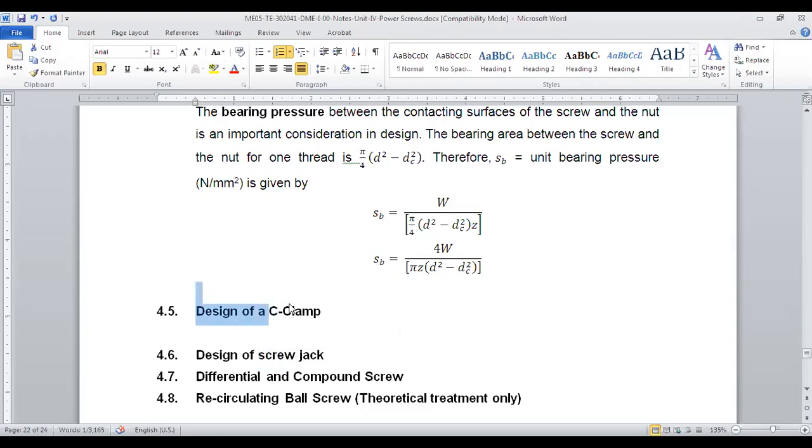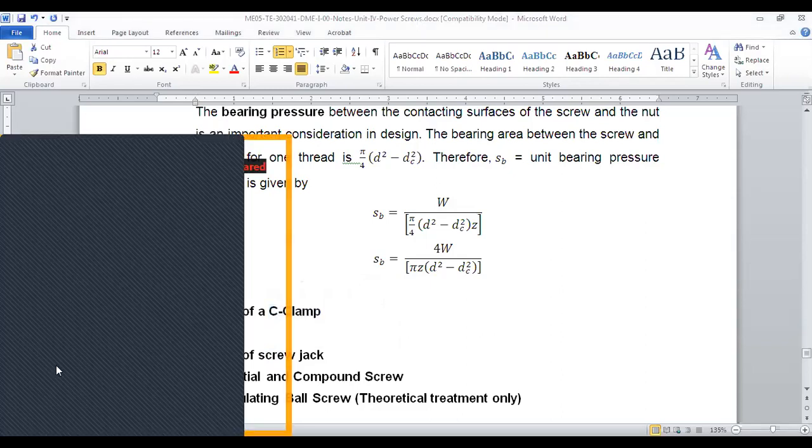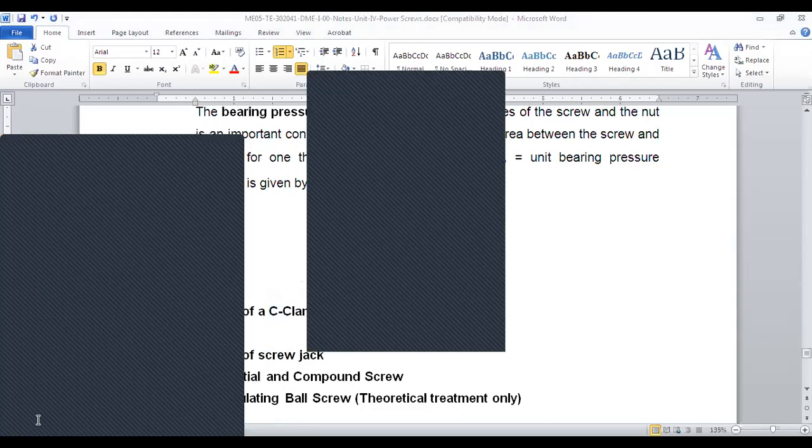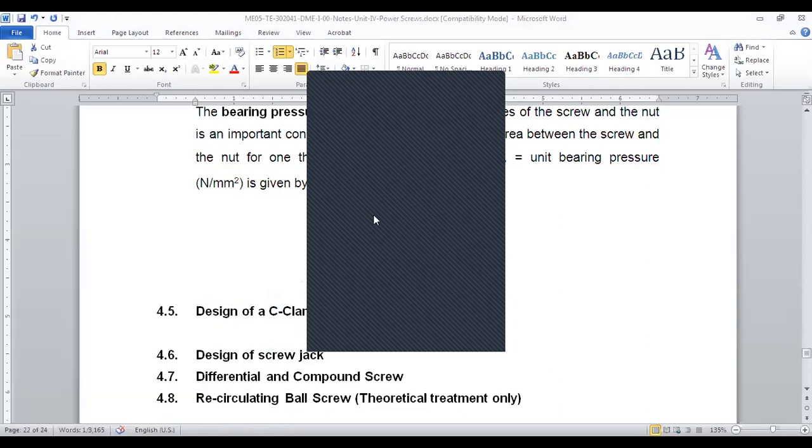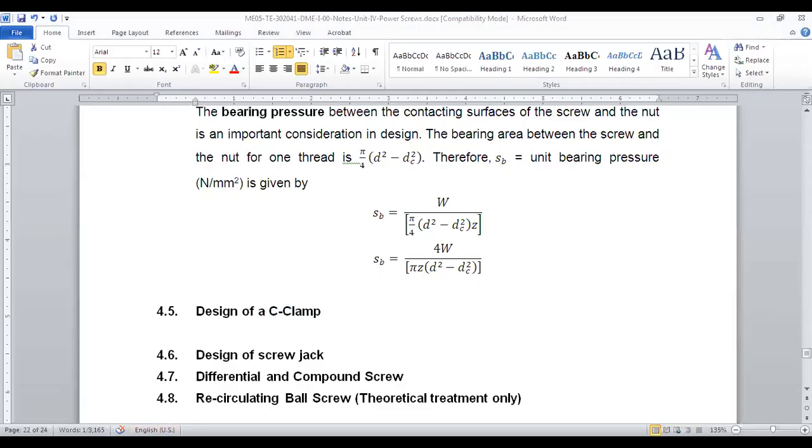But for today's numerical, we are going to take a numerical on a C clamp. Just give me 1 minute. I need to copy that video because it's on my phone, and if I want to play it I need a copy of it. I haven't copied it because I just made the lecture and totally forgot. So let me quickly copy it. It's a 17-minute video, and I don't know whether we will be able to finish it today.